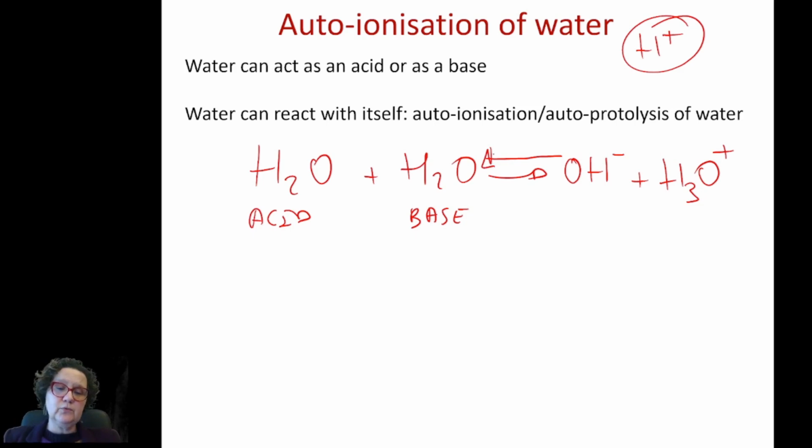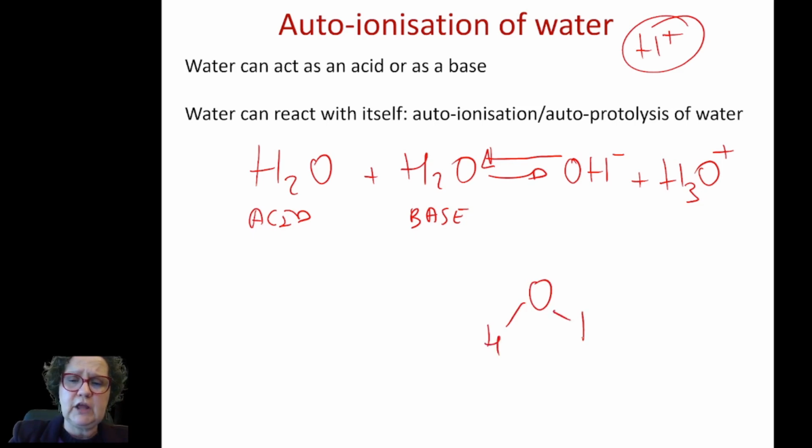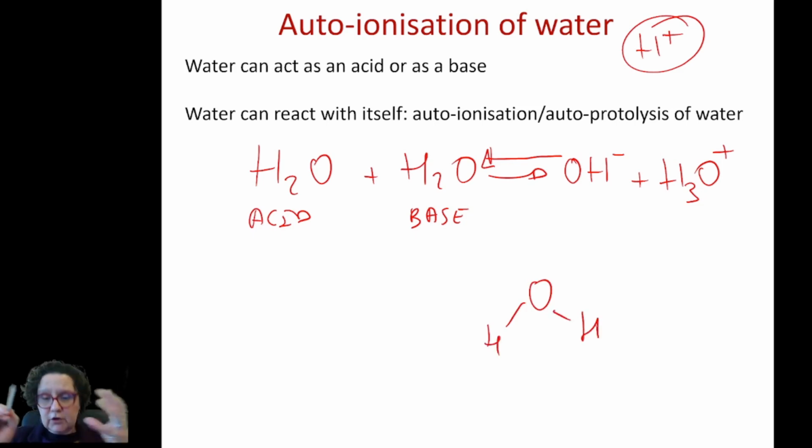When you have a sample with water, most of your water will be covalent water, water of this shape, floating with other molecules of water around, interacting with each other, but as water. A tiny minuscule amount will be what we call dissociated, autoionized. It will have reacted with other molecules of water to generate hydroxyl ions and hydrogen ions.